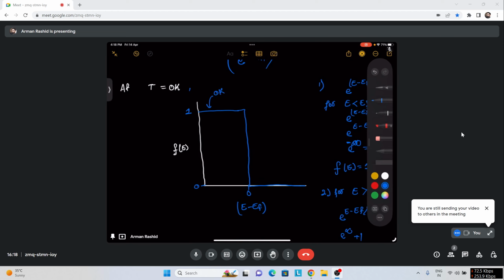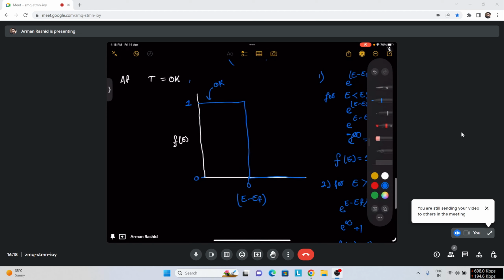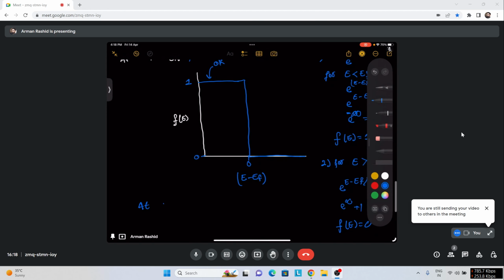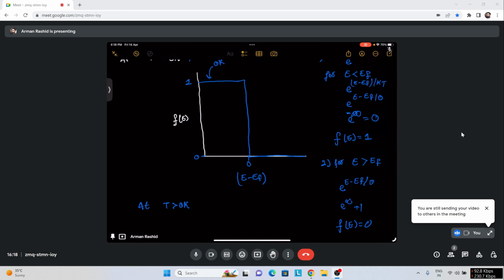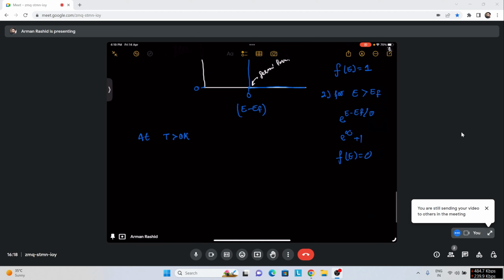Now what will happen is that once we go on increasing the temperature, at higher temperatures, for example at T greater than 0 Kelvin, those states which are very near to the Fermi energy, here is the Fermi level, those states which are very near to the Fermi level will empty and they will go to the higher states.